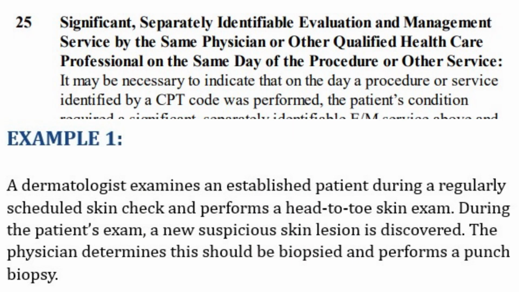Example 1: a dermatologist examines an established patient during a regularly scheduled skin check and performs a head-to-toe skin exam. During the patient's exam, a new suspicious skin lesion is discovered. The physician determines this should be biopsied and performs a punch biopsy. In this scenario, the E&M would qualify as a separately identifiable service because the doctor has been examining everything from head to toe, and this is a regular skin examination.